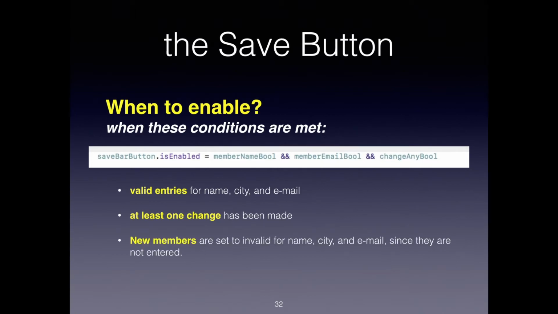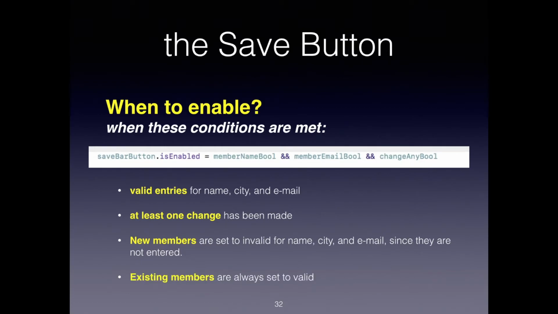And finally, just take note of the fact that when you have new members, all of these variables are set to invalid. In other words, a new member doesn't have a name, a city, or an email by default. Therefore, the member name Boolean is false, and the member email Boolean is false.